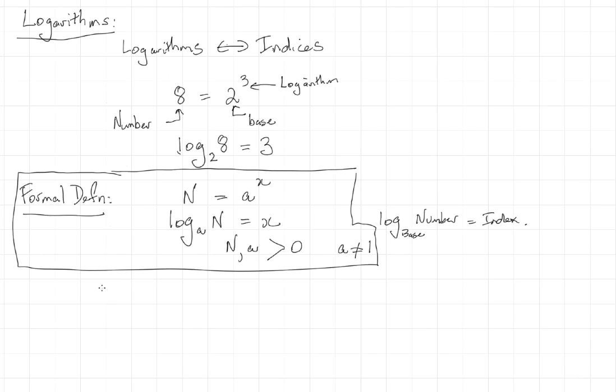So if we've got the log of 25 to base 5, what is the power I must raise 5 to get 25? 5 to the power of 2 is 25. So that is the same as saying that 25 equals 5 to the power of 2.